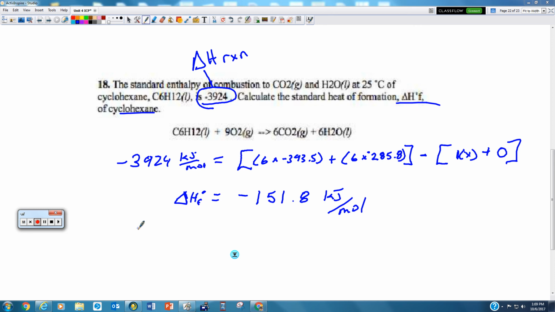If it helps you for data entry in your calculator, we could manipulate the equation just so you can see it.